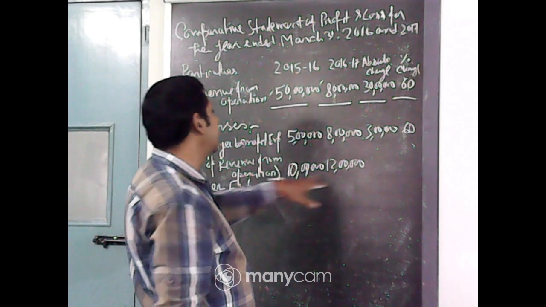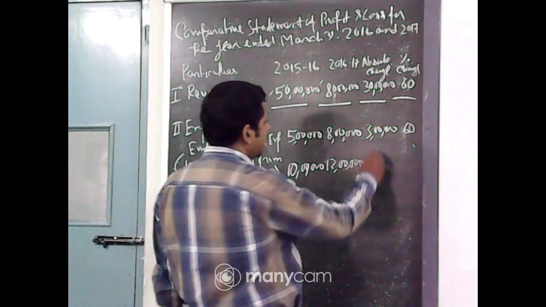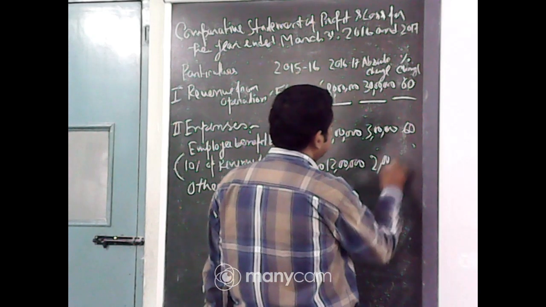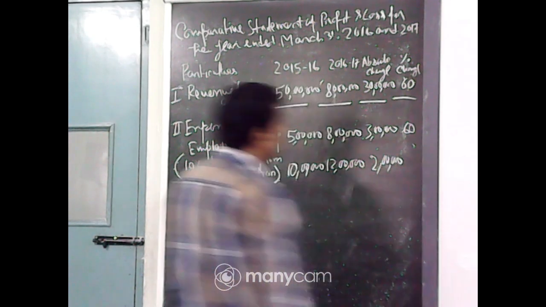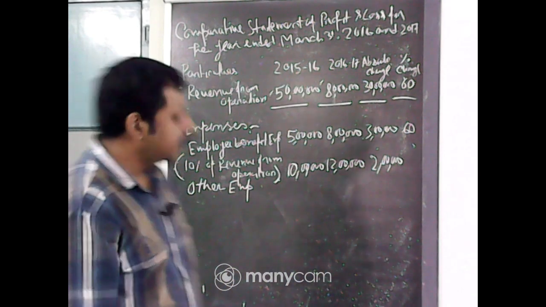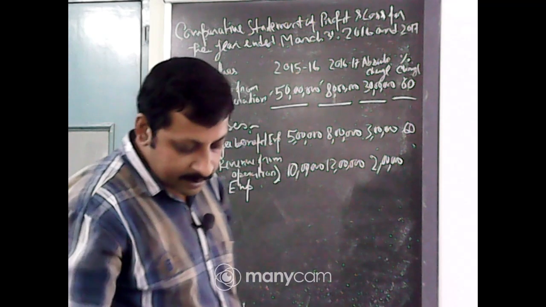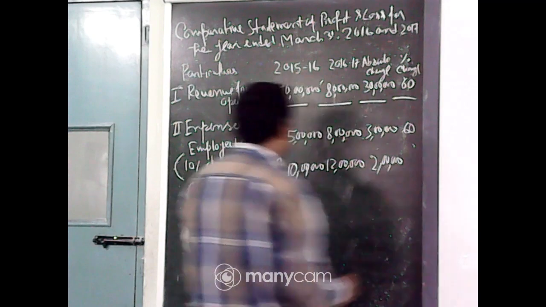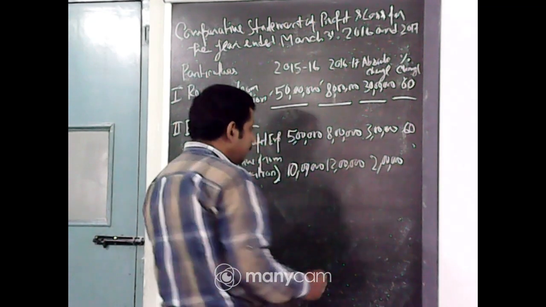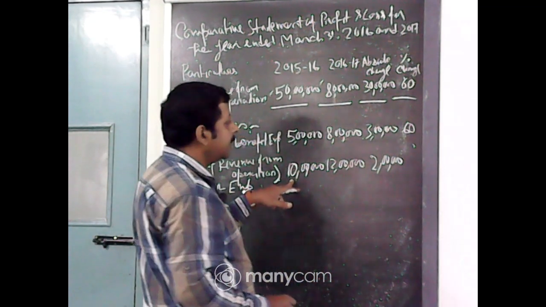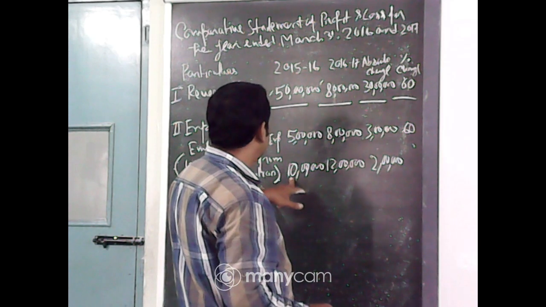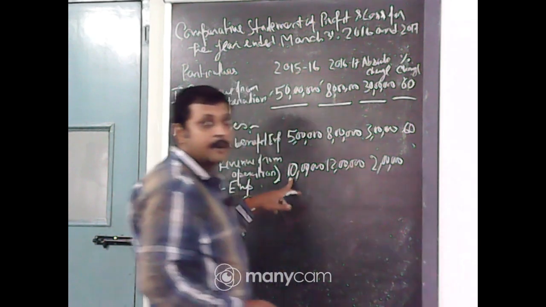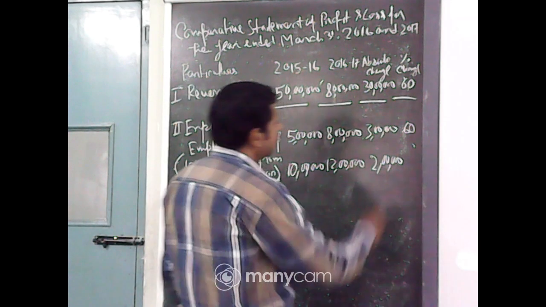That is current year minus previous year, that is 2 lakh. Now what is the percentage wise change? You have to figure out 2 lakh divided by 10 lakh. What is the percentage change? That is 20%. Okay, 10% of 10 lakh is 1 lakh, and 20% is 2 lakh. So that is 20.